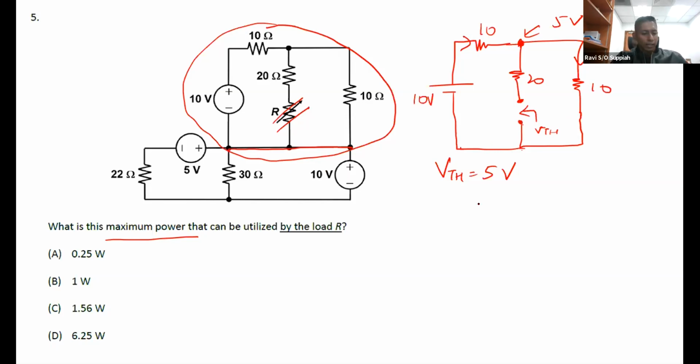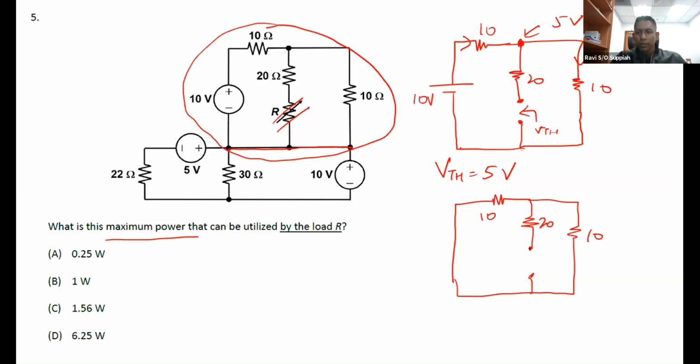For the RTH part, what we need to do is remove the source. So if I were to redraw it, the 10 volts is now short circuited. So I have 20, I have 10, and I have 10 over here.